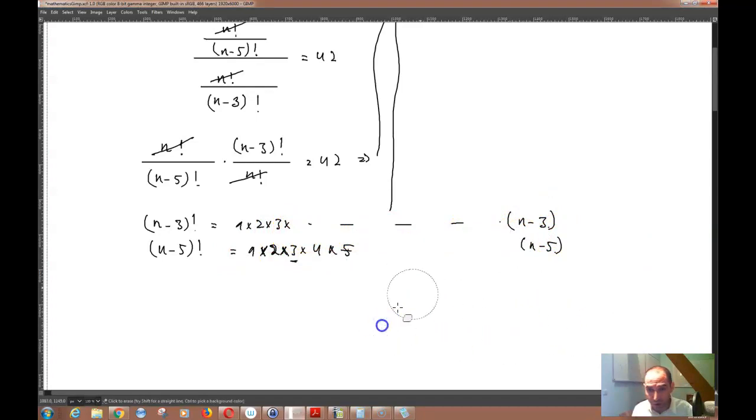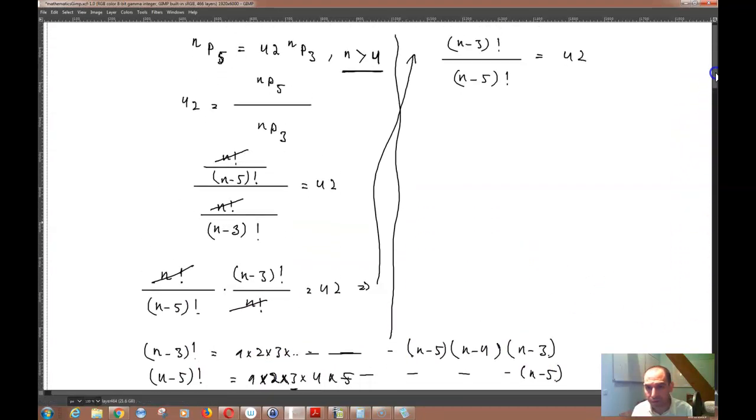So what I can do is that I get to the previous term relative to this term, which is n minus 4, and then n minus 5, right? And then all of these are multiplied together.